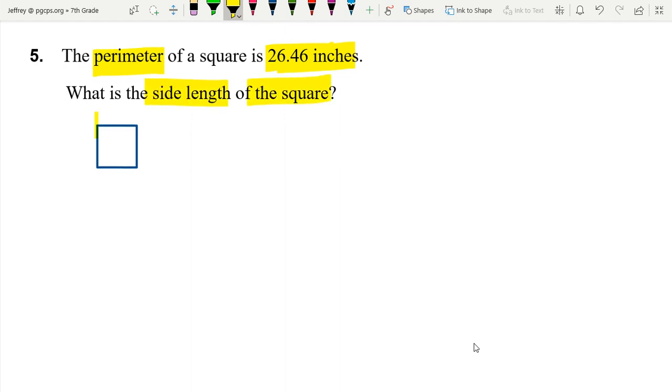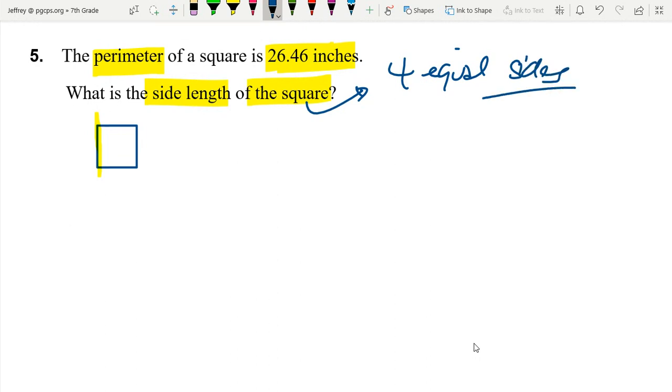What is the length of one side of the square? Now remember, a square has 4 equal sides, right? So that means side plus side plus side plus side.